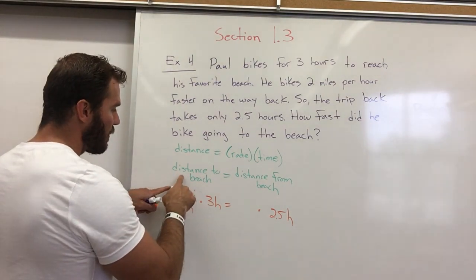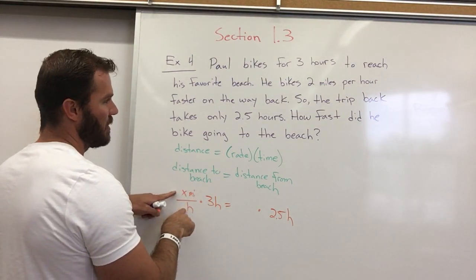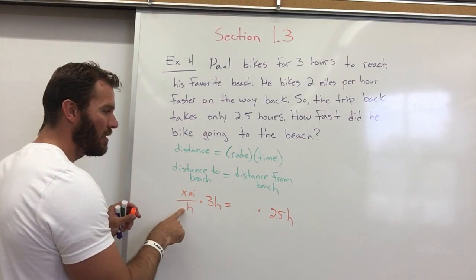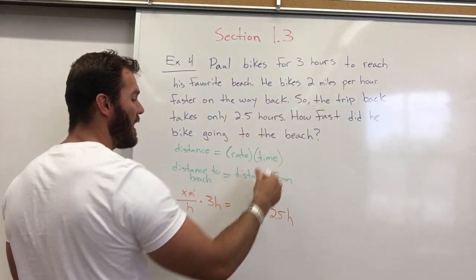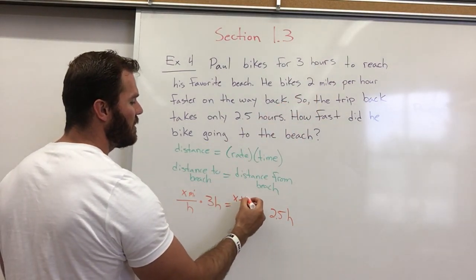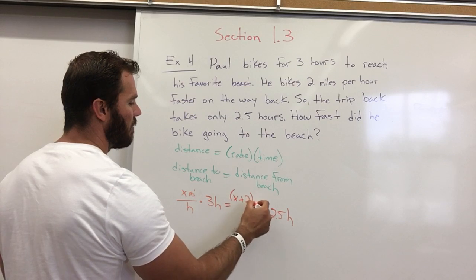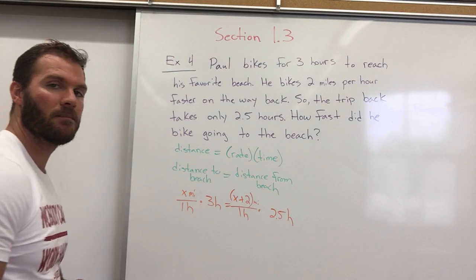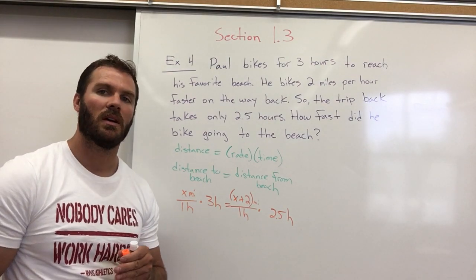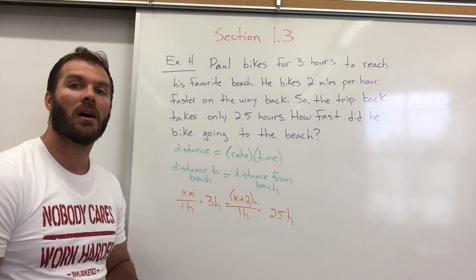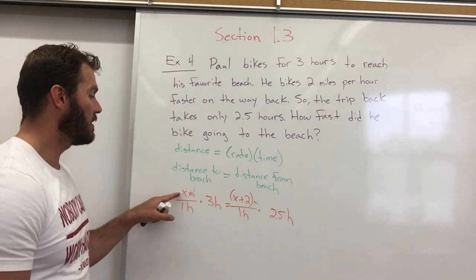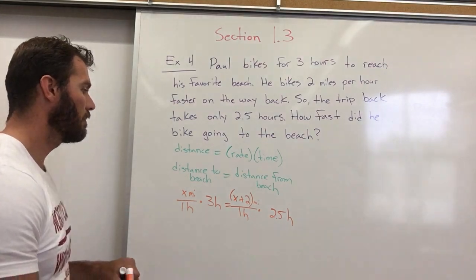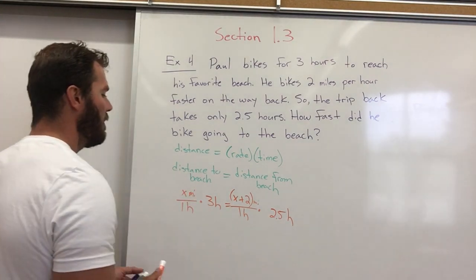And if the rate of going to the beach was x miles per hour, if he's going 2 miles faster, it's going to be x plus 2 miles per hour. Now we have an equation. Now we can use this and solve what x is going to be, how many miles it is. Okay? All right, so let's go ahead and do that.